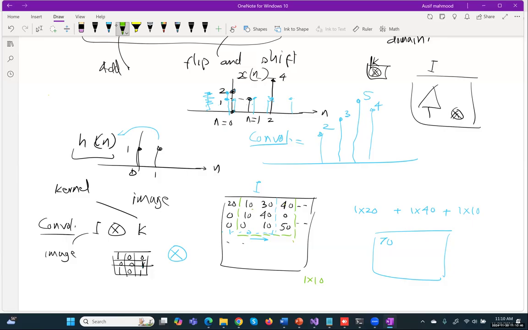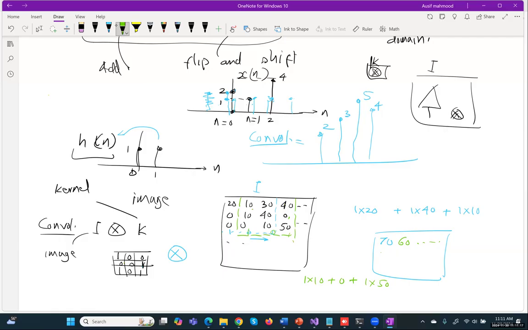Okay, how about second row? 0, 0, 1, 0, 0, 1. So it's all zeros. Third row, 1, 0, 1. So put 1, 0, 1 over here. 1 times 50, right? So what's the answer then? 60. And same way, we'll keep sliding it one more, then we'll slide it down.